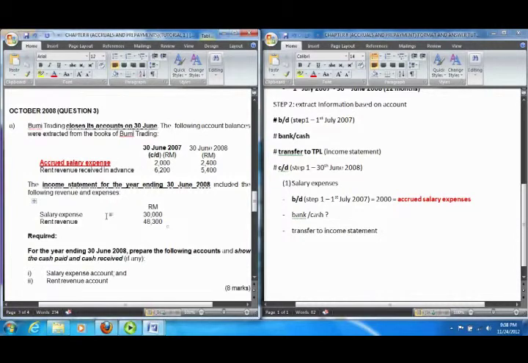See, the question have give you the information. Alright, so salary expenses and then revenue. So now we are doing a salary expenses account first. So what is the amount of transfer to income statement for salary expenses? It is 30,000.